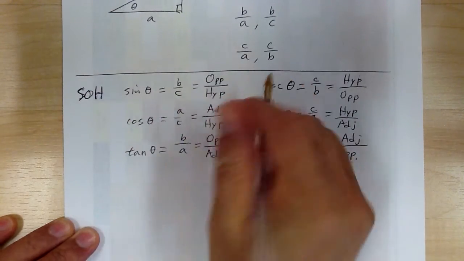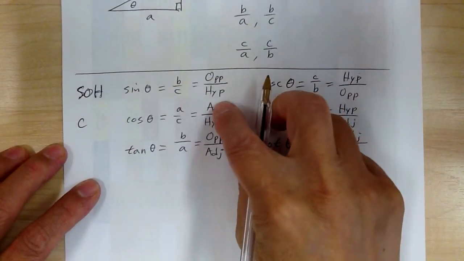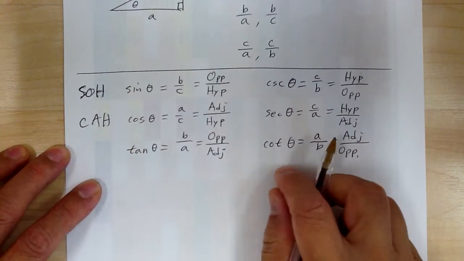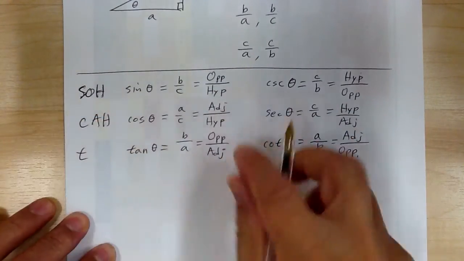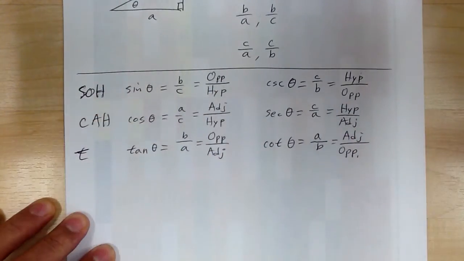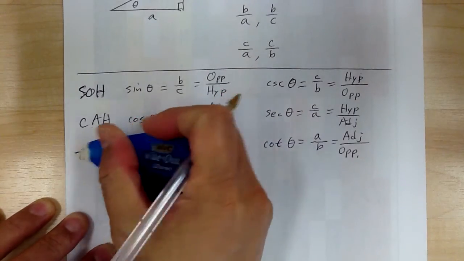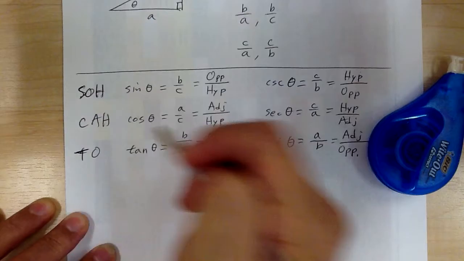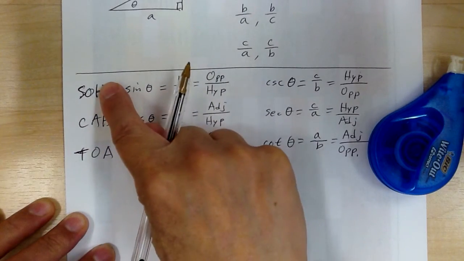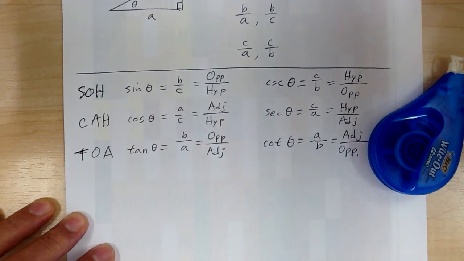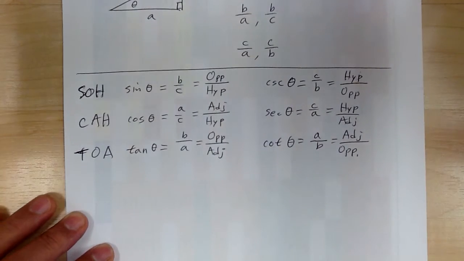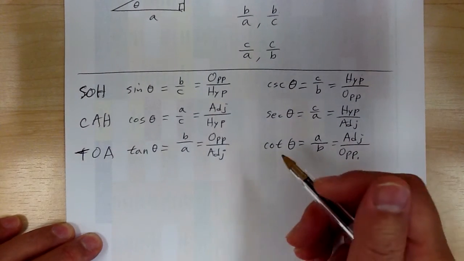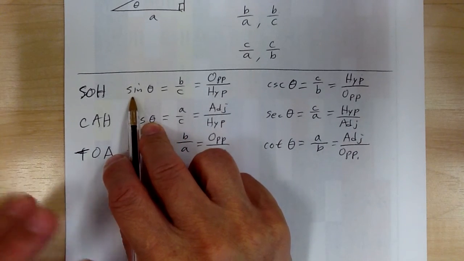And cosine is equal to adjacent over hypotenuse. And tangent is opposite over adjacent. So you can go SOHCAHTOA. Again, that's one way of memorizing it. The way I memorize it is the way I memorize sine.